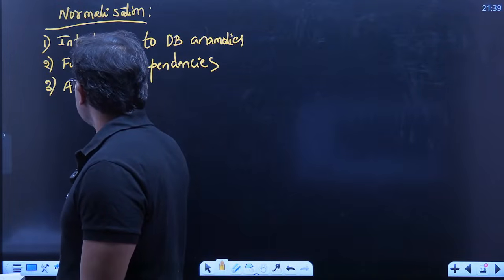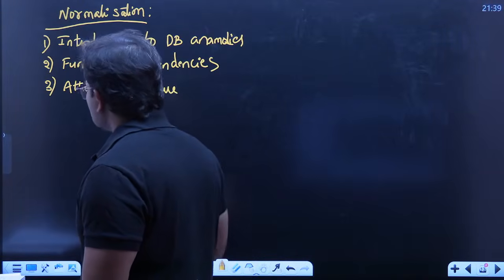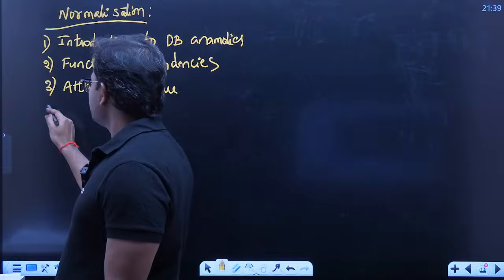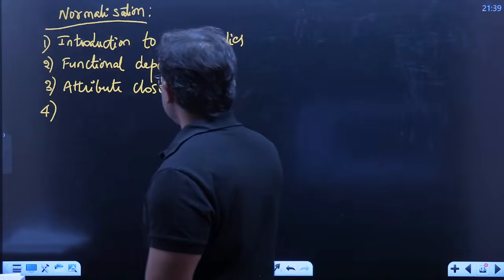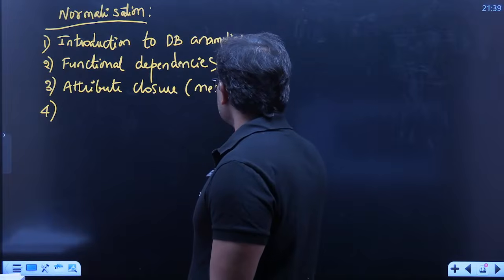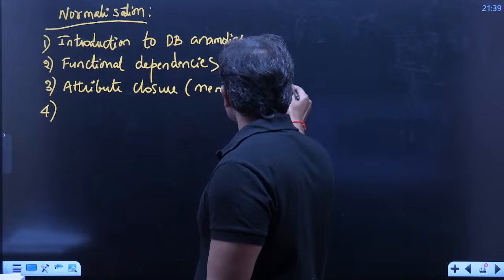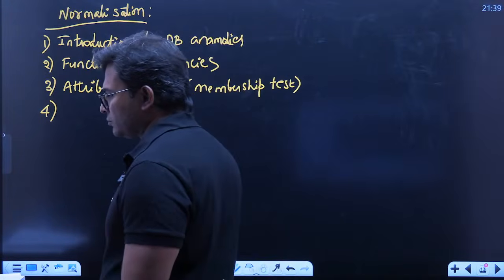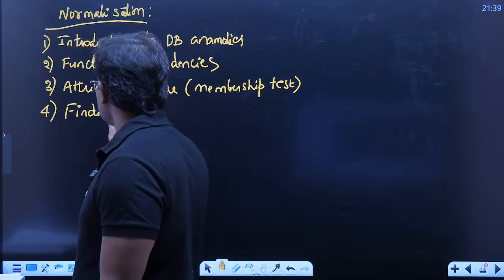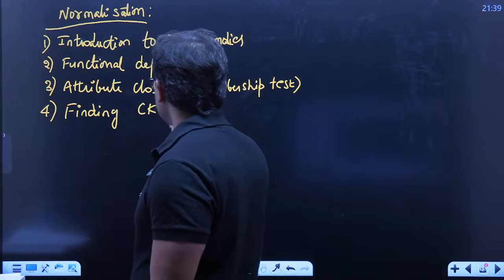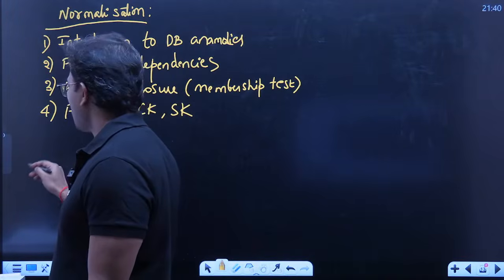We have already discussed attribute closure. And then we are going to see membership test. Already we discussed most of this. Membership test, and finding candidate keys and super keys. We have done this, right? But it all falls under the topic of normalization.